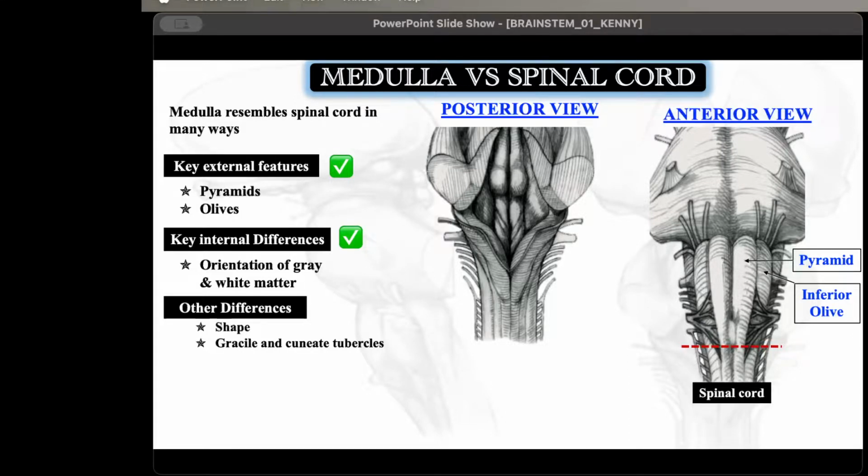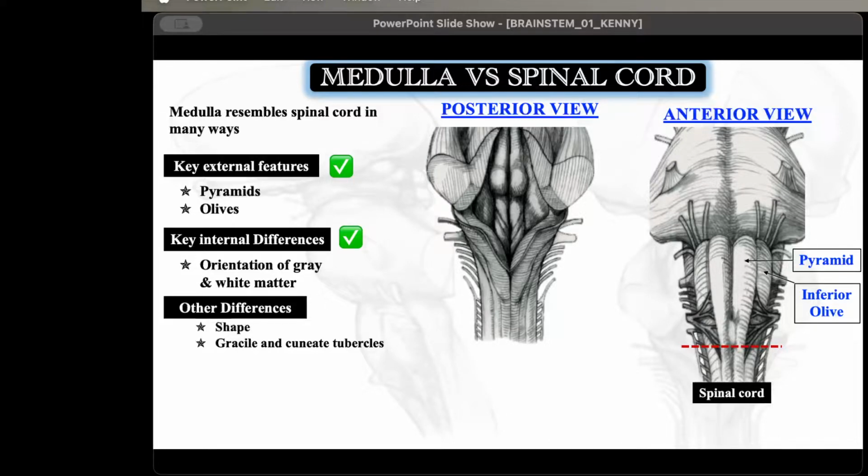But if someone is specific about the internal, you mention the orientation of white and gray matter. And if someone is specific on external features, you mention pyramids and olives. I guess that was it about the surface anatomy of the brainstem.